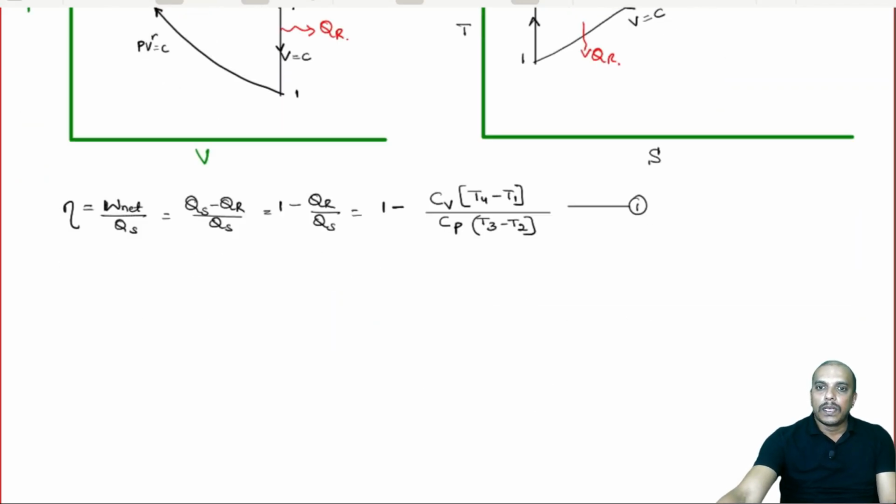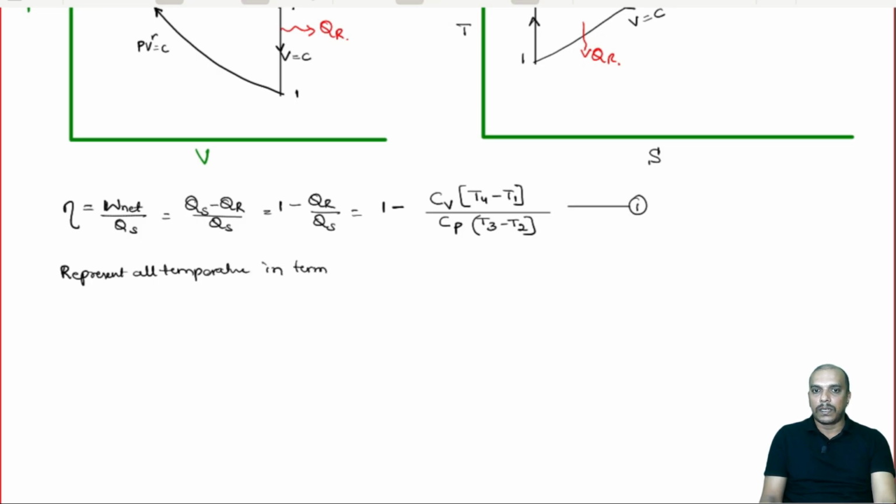Now, we will try to represent this expression in terms of either compression ratio or cutoff ratio. We will talk about cutoff ratio, but the idea is to represent all temperatures in terms of T1.